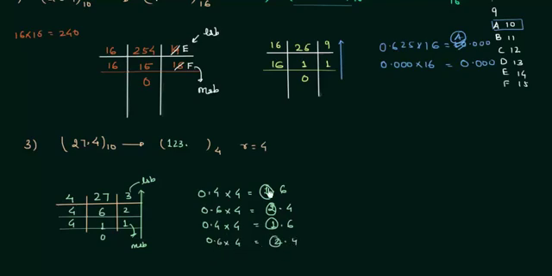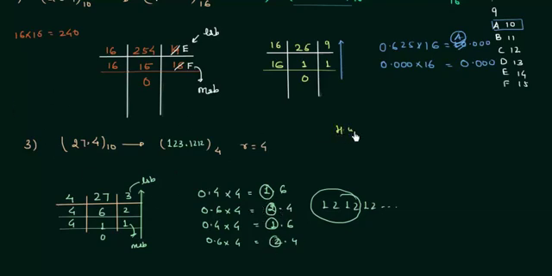So you can see we are getting the repeated numbers 1 2 1 2 1 2. So we'll stop at the fourth significant place, and hence the answer is 123.1212. This is the answer. So whenever there is a situation in which the number is repeating, you have to stop.